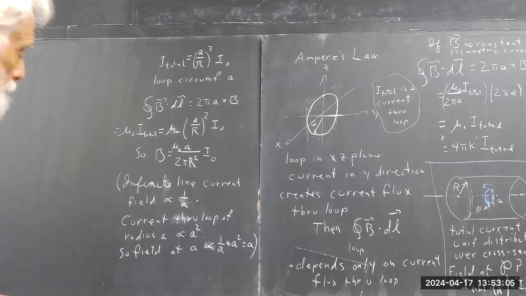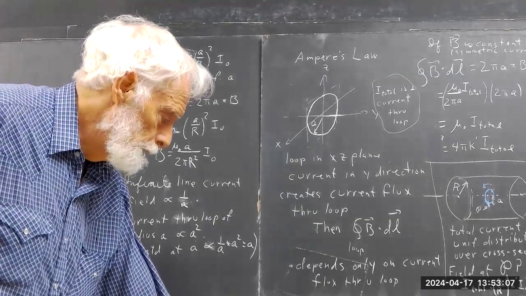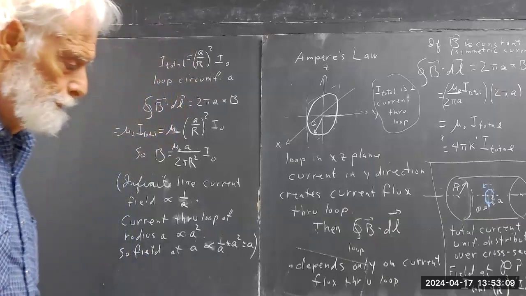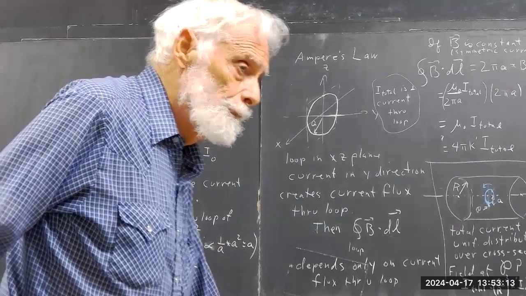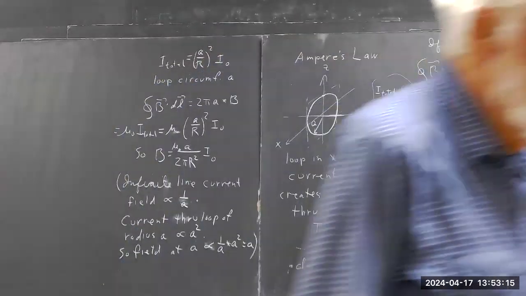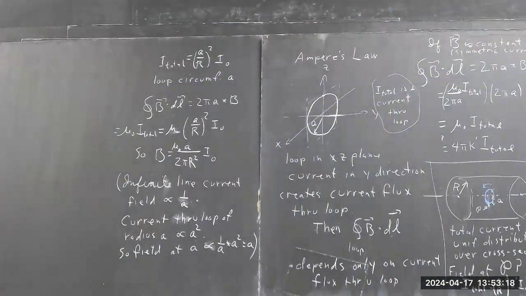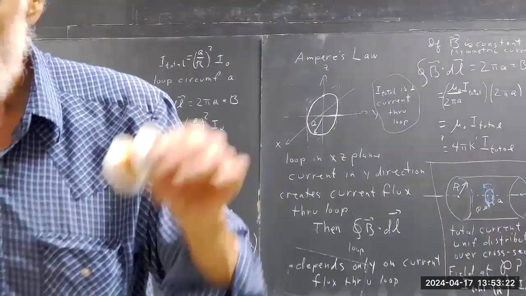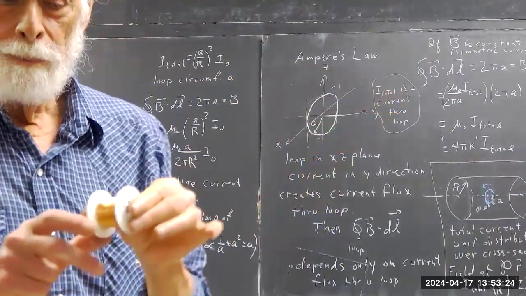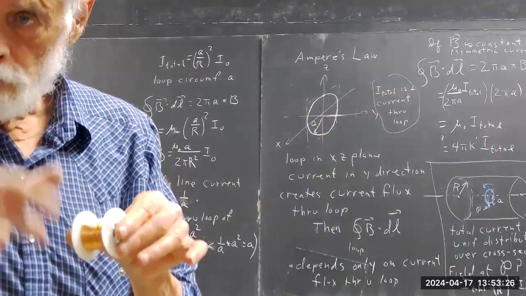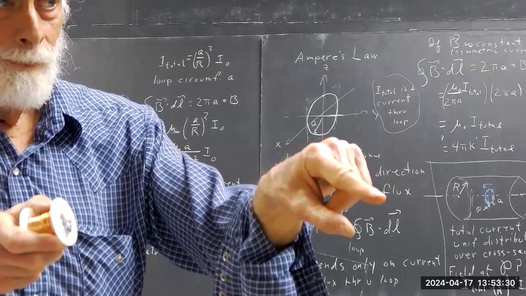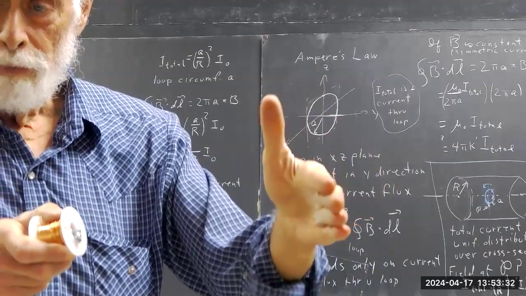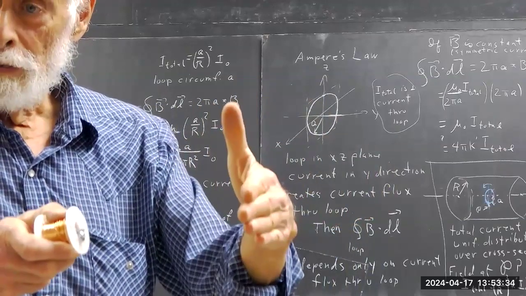There were other things I wanted to talk about. One quick thing is we looked at what happens when we run a current through these loops, and have a compass over here. It'll deflect the compass significantly at this distance.